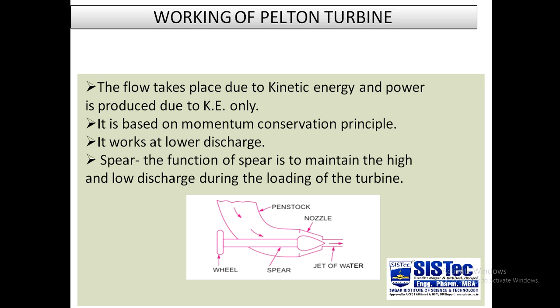At the nozzle portion the area is very small, so the velocity will be increasing, and in the penstock where the area is large, the velocity will be very low. Due to this the conservation of momentum should be maintained. Next point is the Pelton turbine works under a lower discharge. It means it is a high head Pelton turbine.